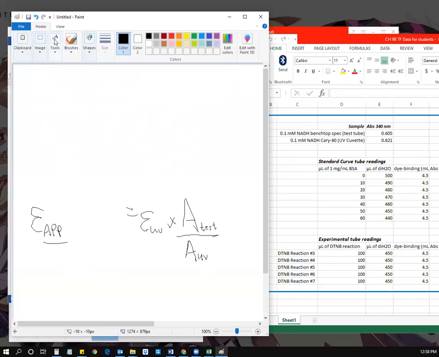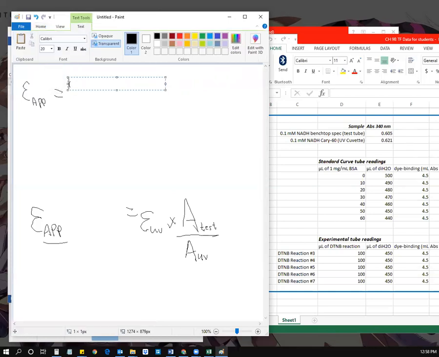So that's going to basically now be, where do I go to write this? Okay, pen. The apparent extinction coefficient is equal to, and then I'll just go ahead and try to type this out now. 14,000 per molar times, and then the first part of the numerator is going to be the absorbance of the test tube, which we have over here is 0.607, or sorry, 0.605.